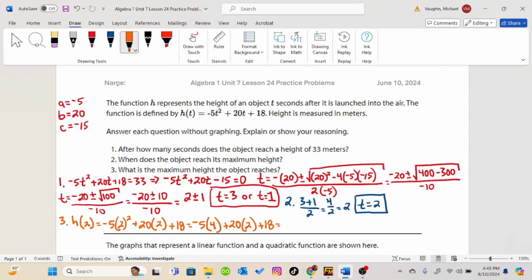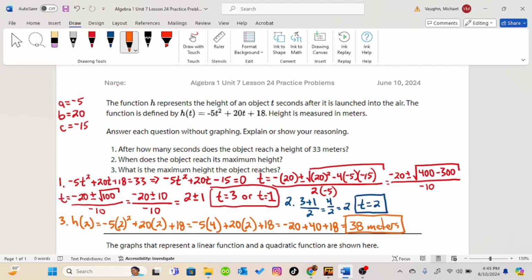Negative 5 times 4 is negative 20. 2 times 20 is 40. And finally, negative 20 plus 40 is positive 20. Plus 18 is 38. So that is 38 meters is the maximum height.